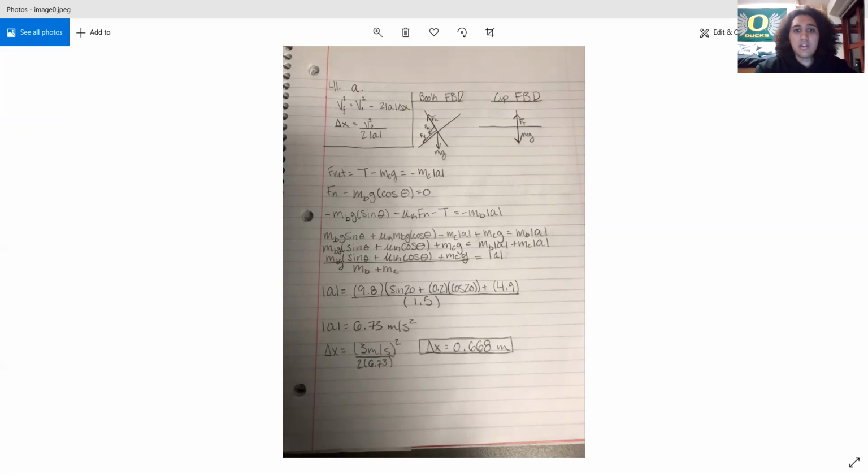Our tension is our cup's mass multiplied by gravity, which will get us 4.9 newtons. So by itself, tension will overcome the static friction. But if you add the gravity component of it, which happens to be 3.35 newtons, which you get from mg sine of 20, you get that our 4.9 plus our 3.35 will be bigger than our 4.61, so the book will slide down.